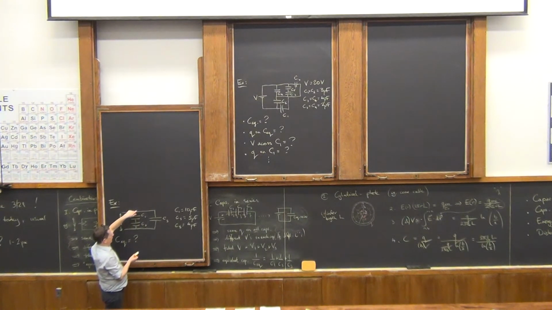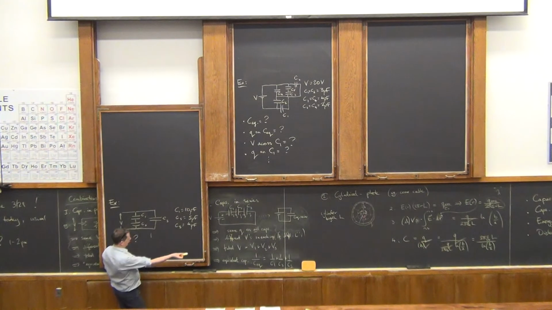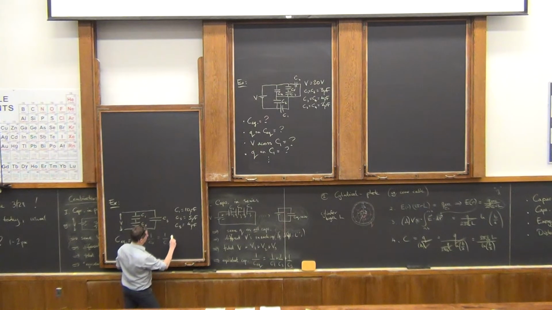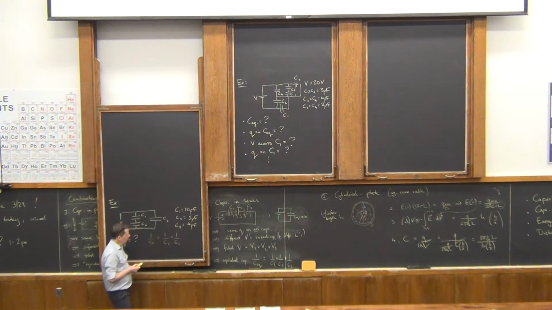So, my notation here to try and keep track of things is often something like this. Since they're in series, I expect to be using the inverse or reciprocal relationship. I might write something like C1,2 to remind myself that I'm combining C1 and C2. And so in this case, it's just 1 over C1 plus 1 over C2. And if you like, you can put this in numerically.